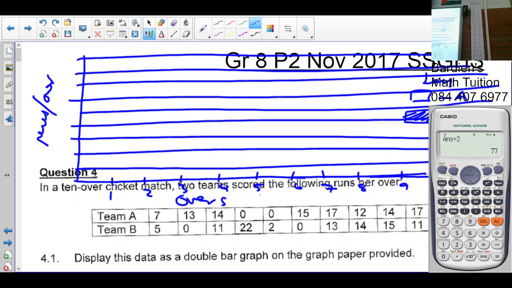So that is 2, 4, 6, 8, 10, 12, 14, 16, 18. I'm not going to go in with ones because the graph is going to be fairly large.